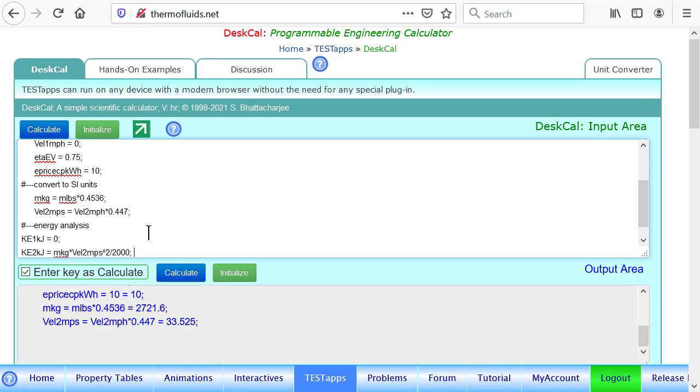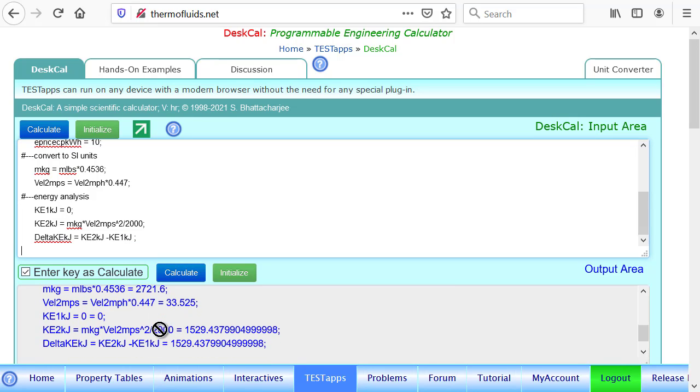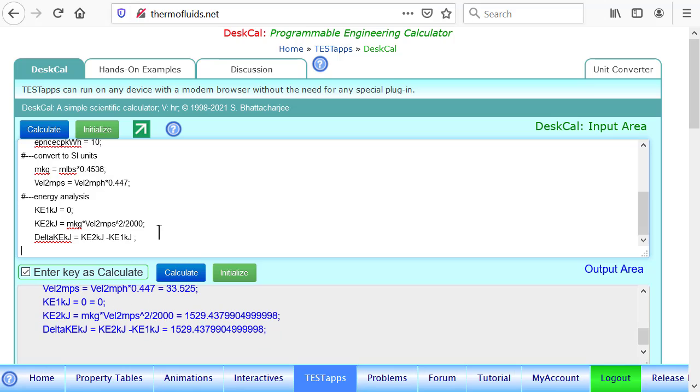Why 2000? We know half mv squared, but the factor 1000 comes because the unit in SI is kilojoule. So therefore, delta KE in kilojoule is KE2 minus KE1. Control C, control V. So when I calculate, delta KE has been found.